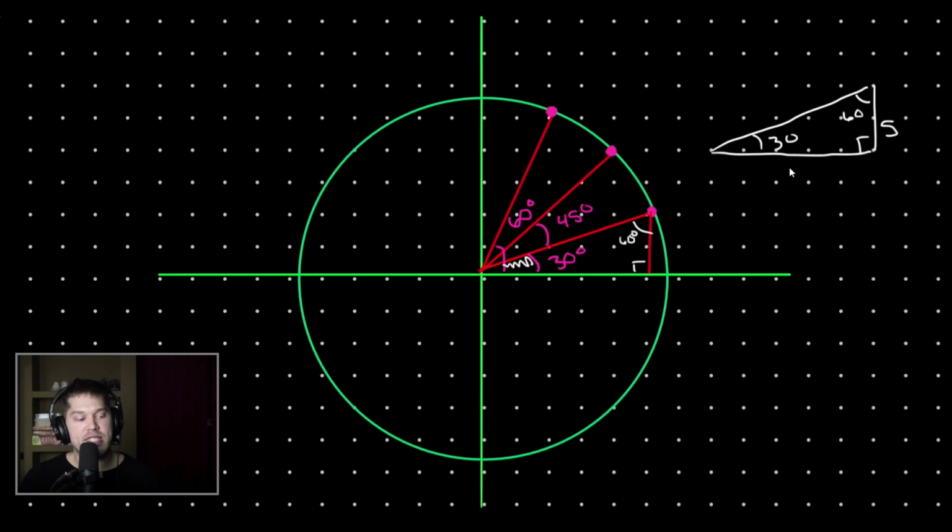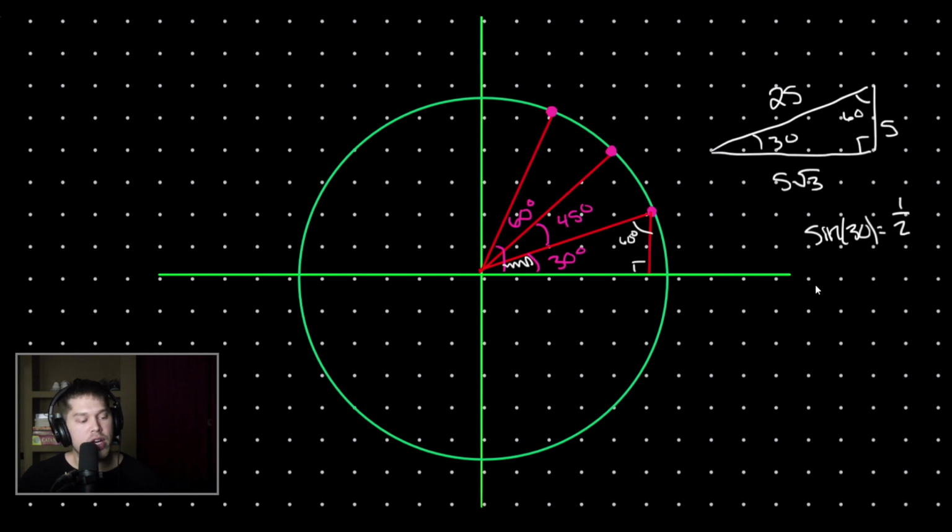The side opposite 60 degrees is represented as s square root 3. And the hypotenuse, the side opposite the 90, is 2s. We know that sine is opposite over hypotenuse. Therefore, sine of 30 degrees is going to be s over 2s, which simplifies to 1/2.